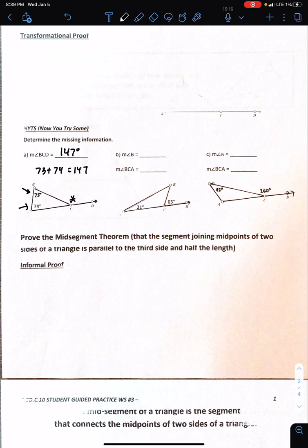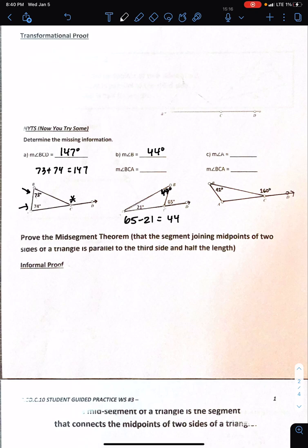All right, for example B, we're given the external angle and one of the remote interior angles. So we want to take our external angle and subtract the known angle to get the missing angle. And so that will be 44 degrees. Measure of angle B is 44 degrees.